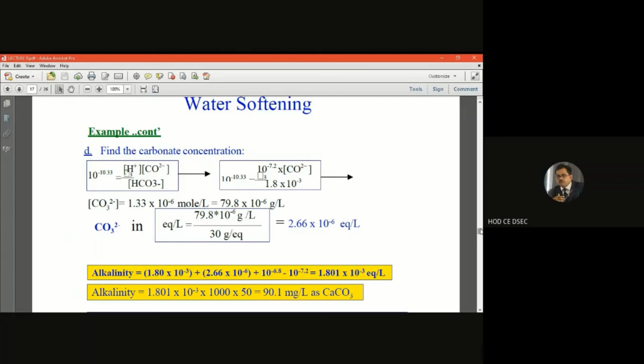After finding H plus from the pH value, HCO3 from the table, and CO3 2 minus from the dissociation formula, 10 to the power minus 10.33 equals H plus into CO3 2 minus divided by HCO3 minus, we have calculated CO3 2 minus as 2.66 into 10 to the power minus 6 equivalent per liter.